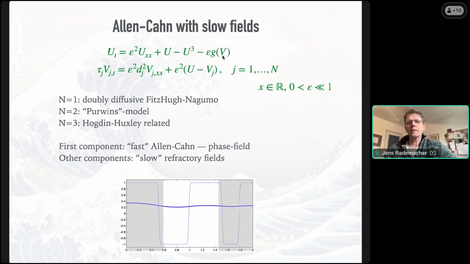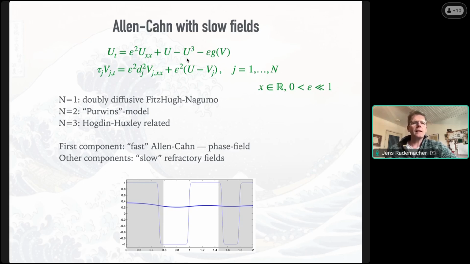So if there's no index, this is just the vector. So this G depends on the entire vector of these, what I call slow fields, which are these V components, and they satisfy this equation here, which is linear as in the others. And if you would now remove this G, then this first component could be completely decoupled.